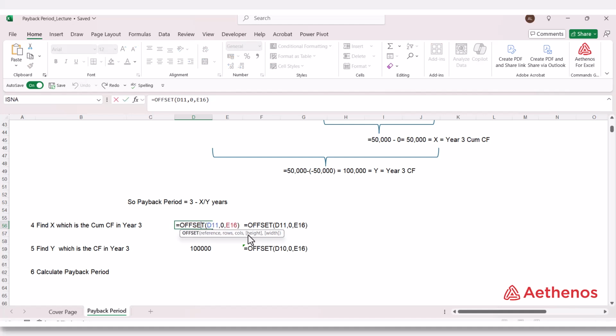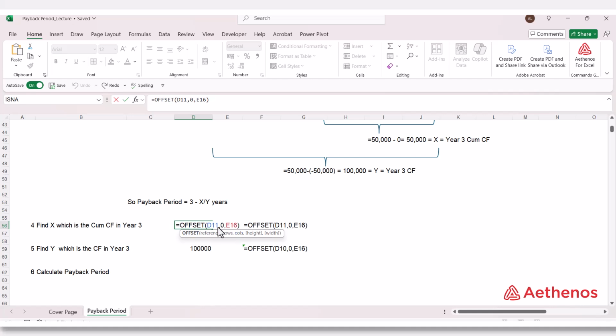So the OFFSET function, basically what it does is, from a reference point cell like D10, it can go a given number of rows or columns and then find the value located there.